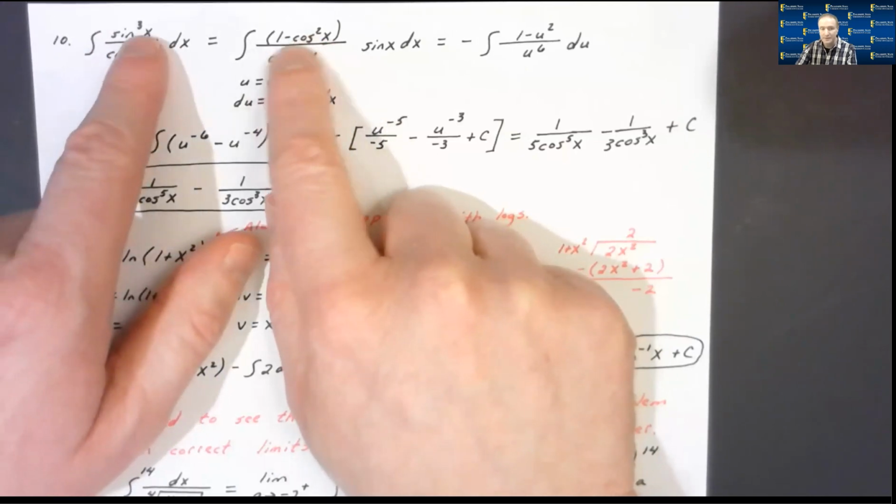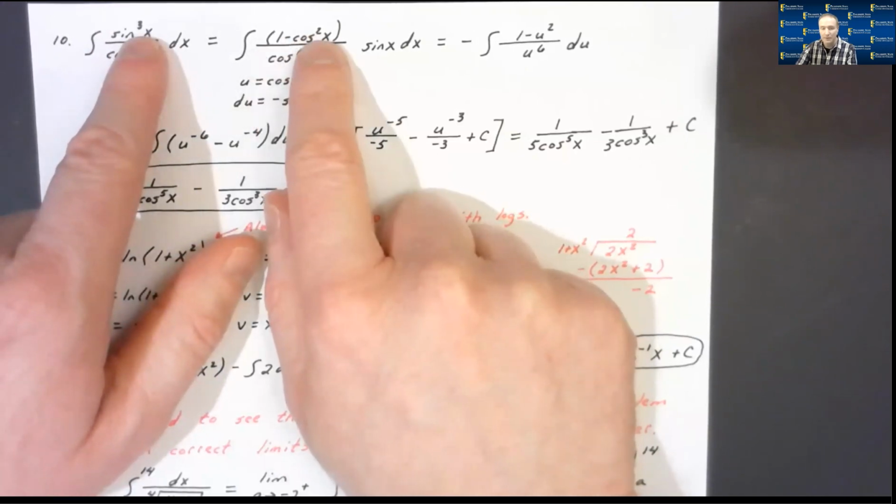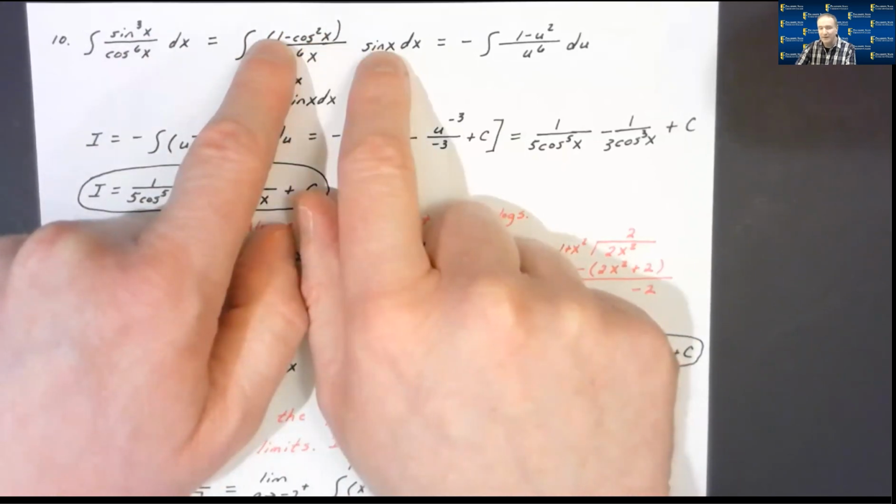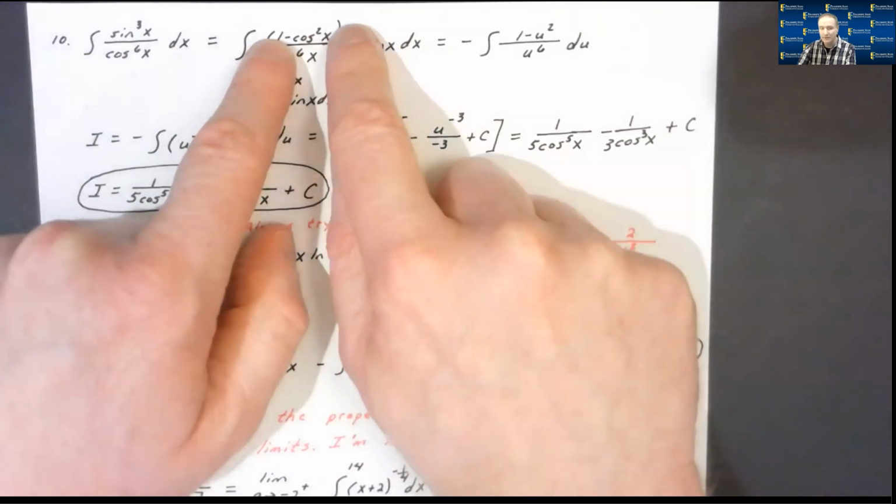Well, of course the angle is x, so 1 minus cosine squared x. Now, if I do that, I can put the remaining sine of x over here. Remember, this is sine x over 1. That sine x is implied to be in the numerator.